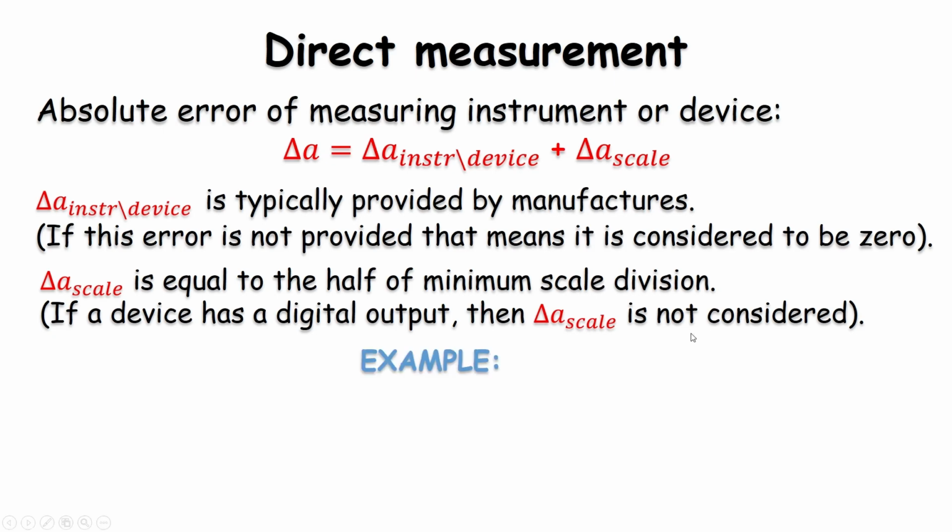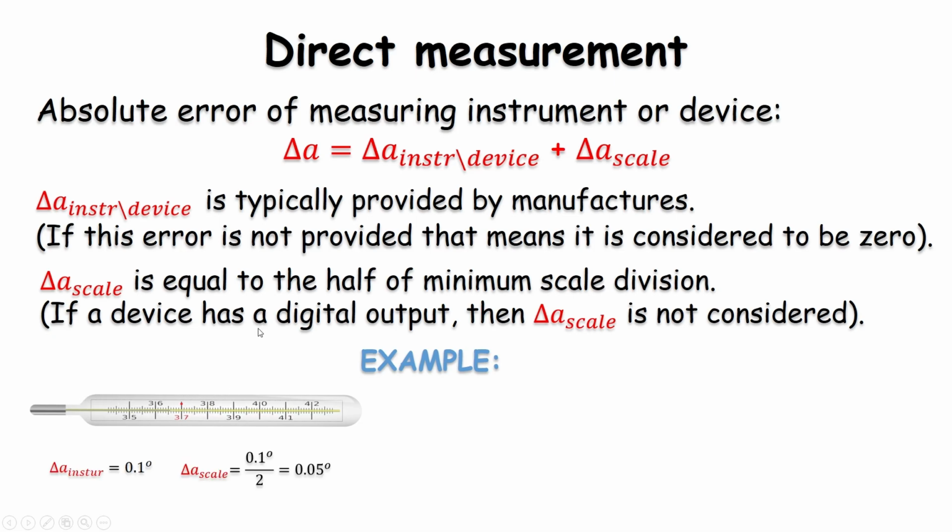For example, if you want to measure body temperature with such a medical thermometer based on mercury, you can check the absolute error on the backside of the thermometer, and it is 0.1 degree.